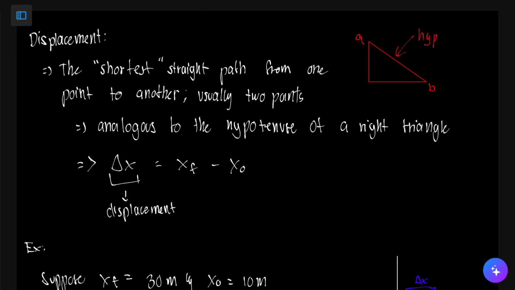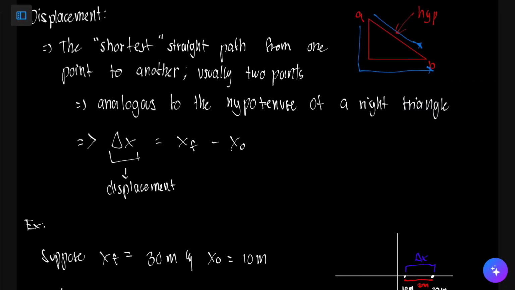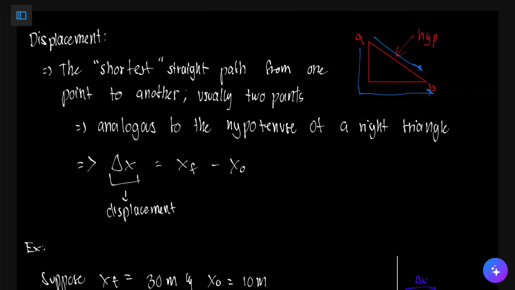A and B. So if you are familiar still with your trigonometry, it is simply analogous to the hypotenuse of your right triangle, because if you take a look at this, it will take longer for you to travel from A to B using this path compared to using this path towards using the hypotenuse.